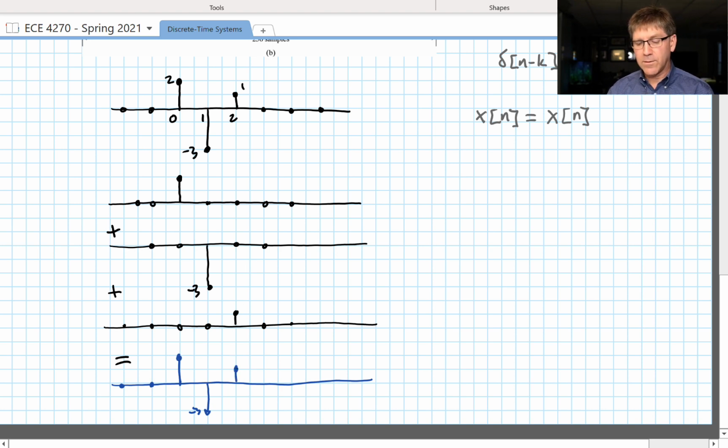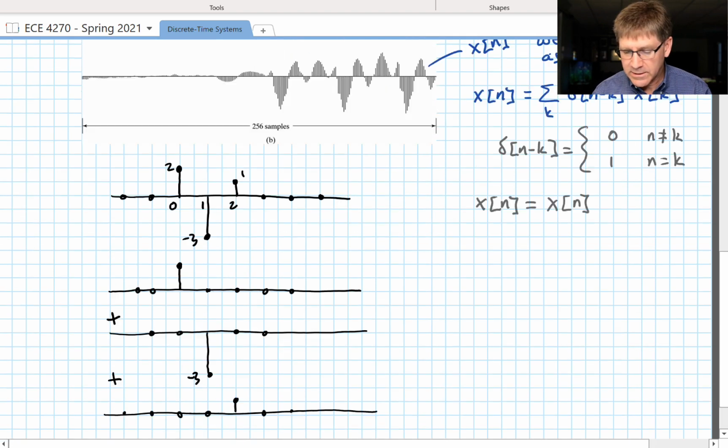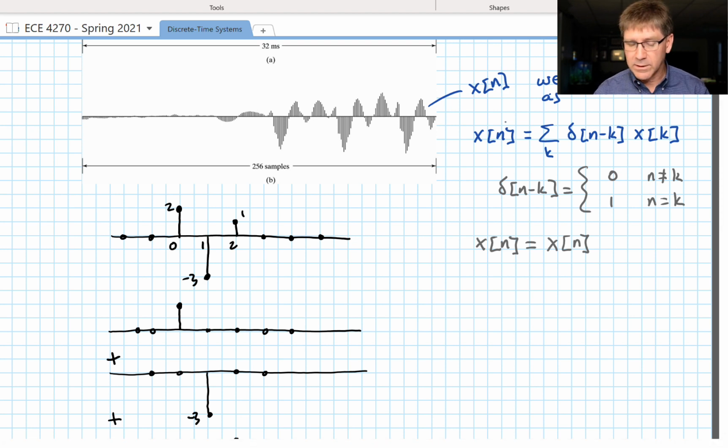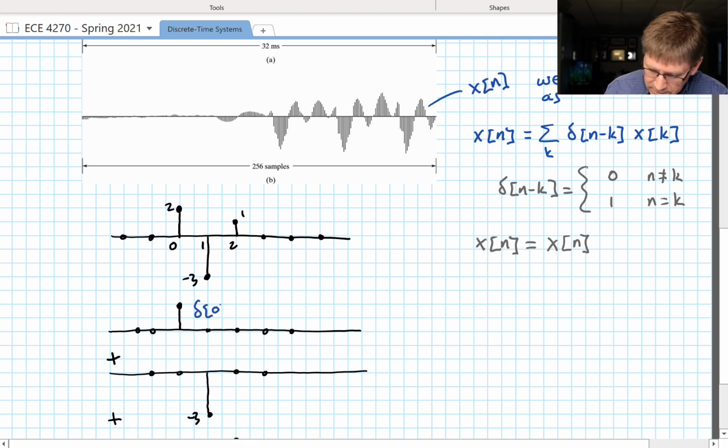So sure enough, what we've essentially done is we've said this sequence, or any sequence of samples, can be looked at as a sum of a whole lot of sequences. Each sequence is a single sample in and of itself. So in this particular case, this is delta of n times x of 0.